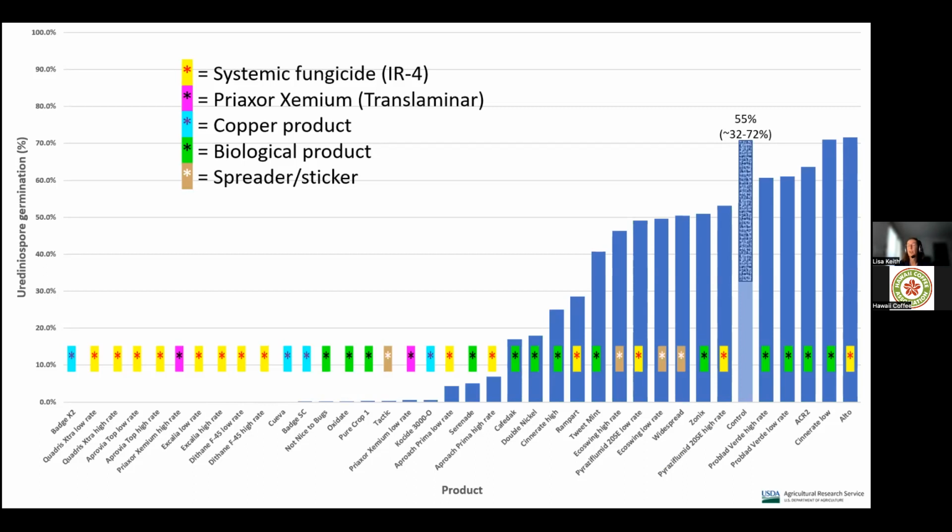Natural products, essential oil products, the sticker spreaders that we can use. And so I tried to summarize basically by these colors indicating what things are.